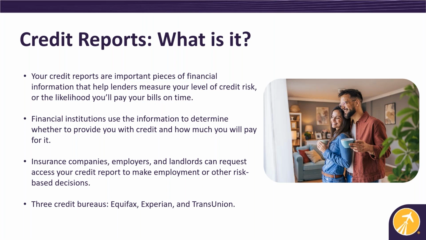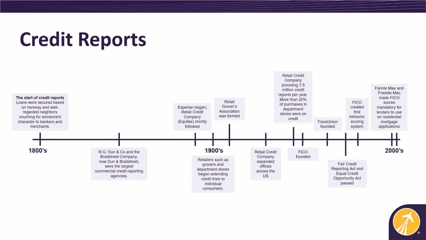So financial institutions are going to be the folks who use and purchase these reports. You can also purchase reports. We'll talk a lot about that. But the beginning is always financial decisions and how these reports are generated within the market itself. So insurance companies, employers, landlords, those sorts of things. That's where we all start in this journey trying to make sense of credit reports.